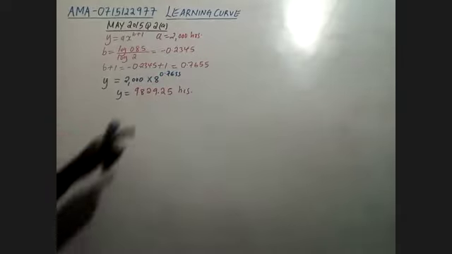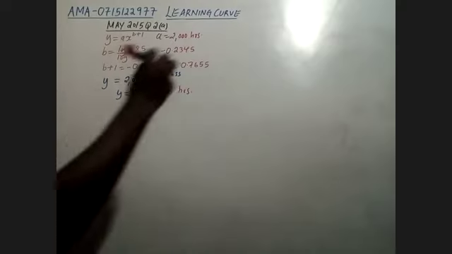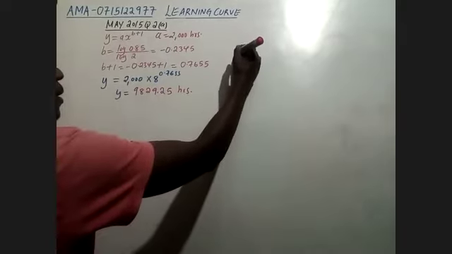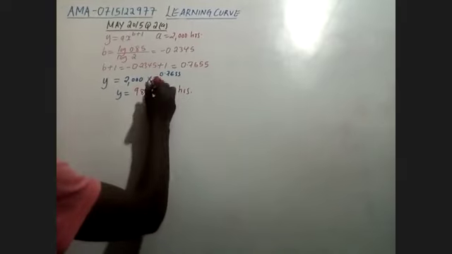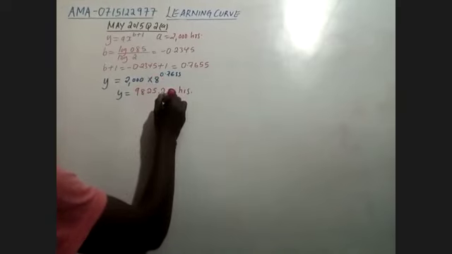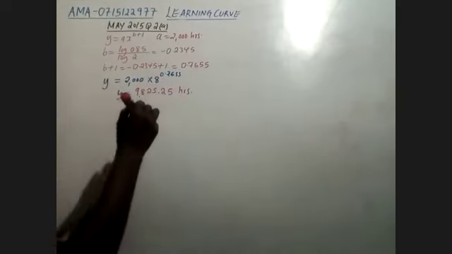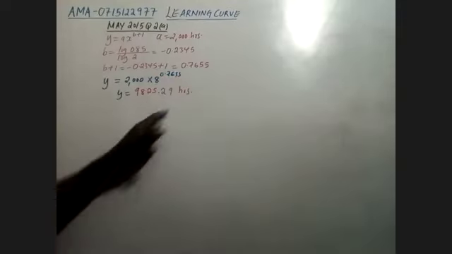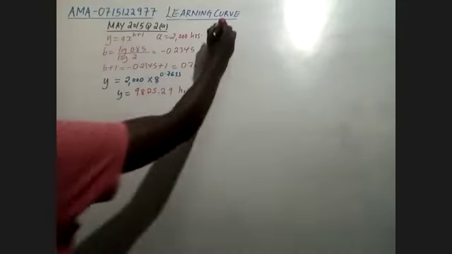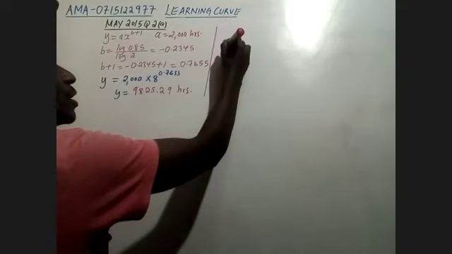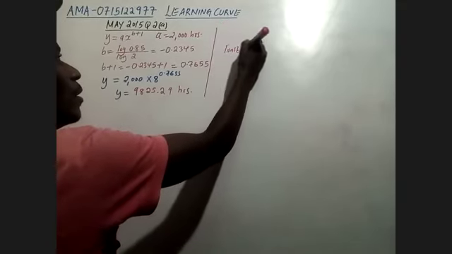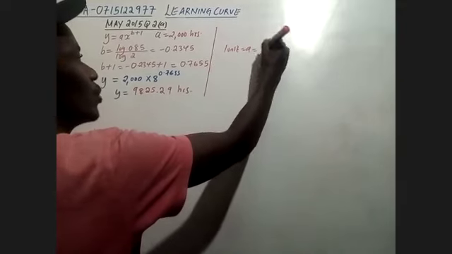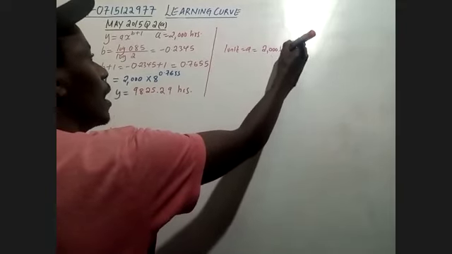Now, the hours for making. So remember 9825.29. I am saying it is hours. The reason why I say it is hours: remember, to make the first unit, which is A, we are supposed to make it with 2,000 hours.